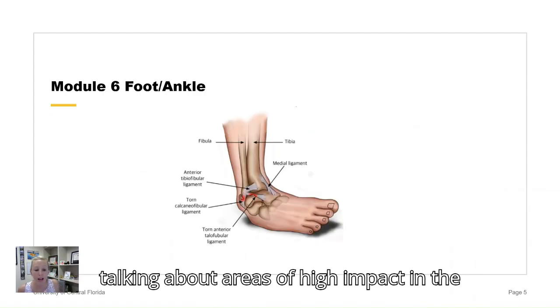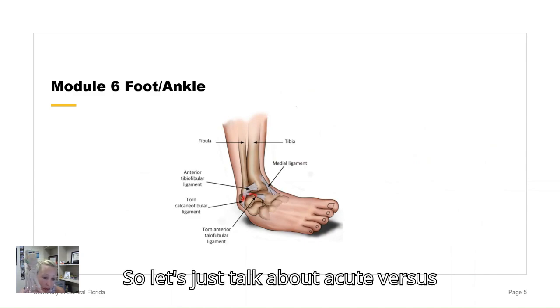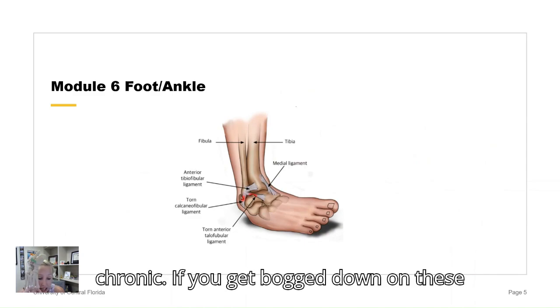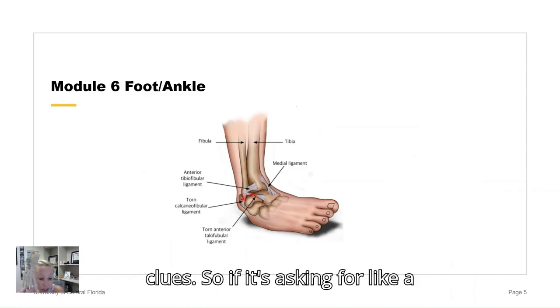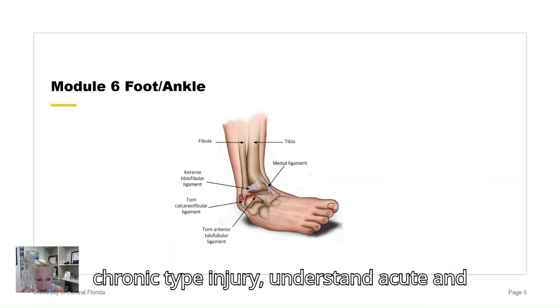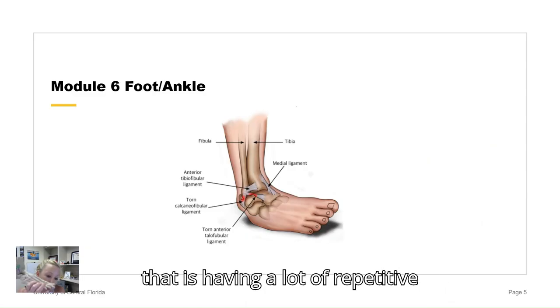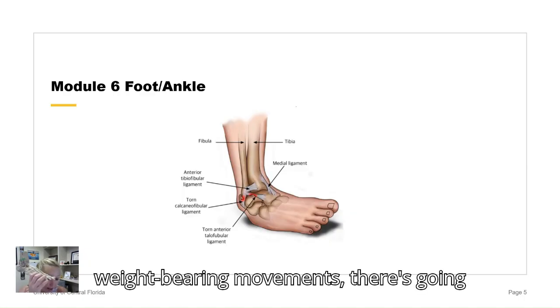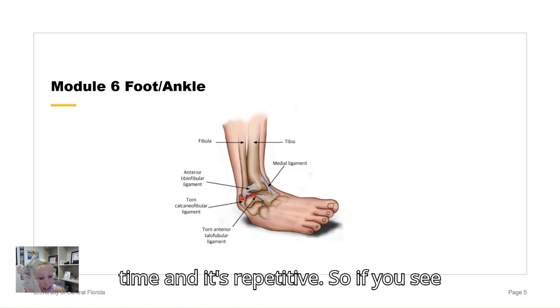So we're talking about areas of high impact in the foot and common injury points. So let's just talk about acute versus chronic. If you get bogged down on these questions, look for clues. If it's asking for a chronic type injury, understand the difference between acute and chronic. In a foot, something that is having a lot of repetitive weight-bearing movements, there's going to be a lot of chronic injuries, because chronic means it's been happening over time and it's repetitive.